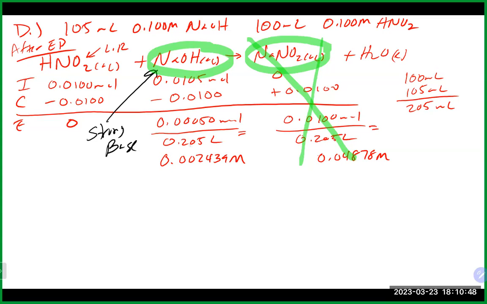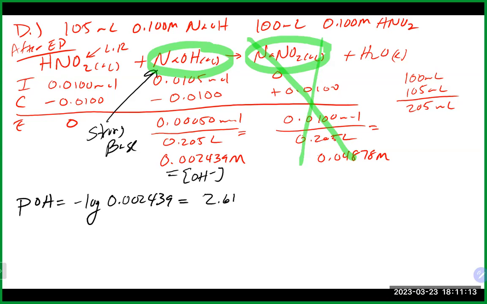And because that is sodium hydroxide, that really is the hydroxide concentration at this point. And we could go into our pOH. If we do that there, minus the log of 0.002439 is going to give us a pOH of 2.61.